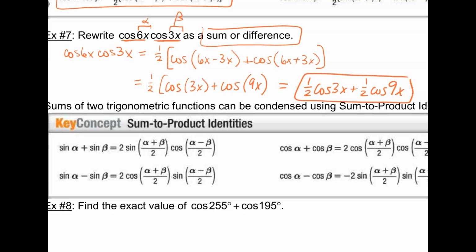What's the difference between this one and the sum identity? The sum identity is when you're adding two angles together.